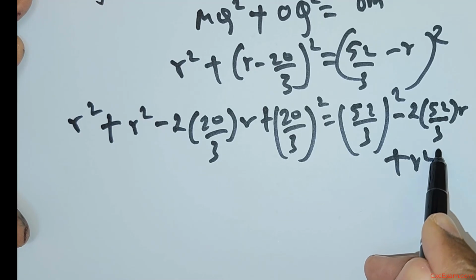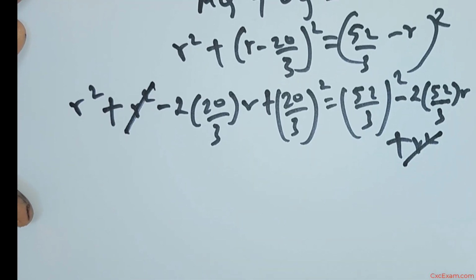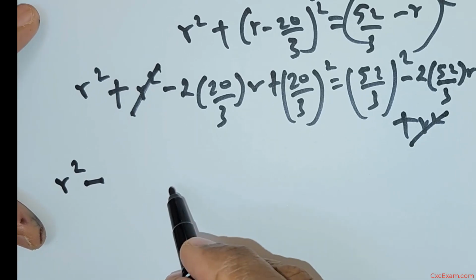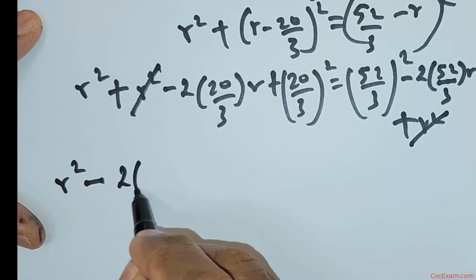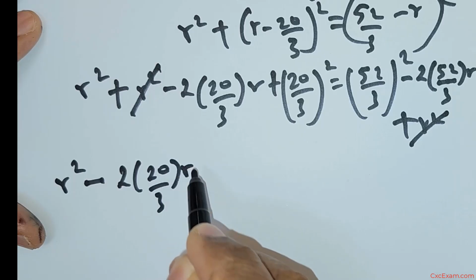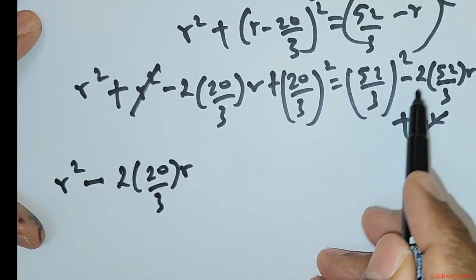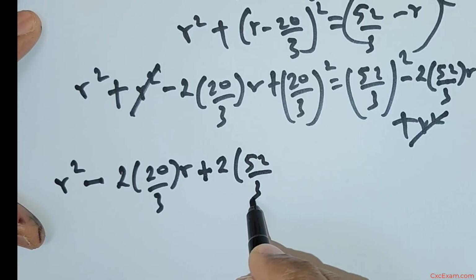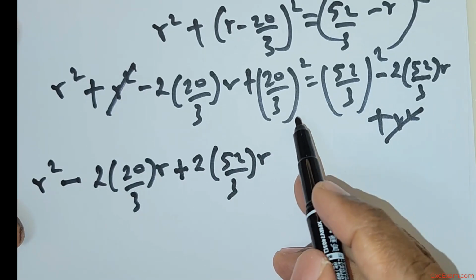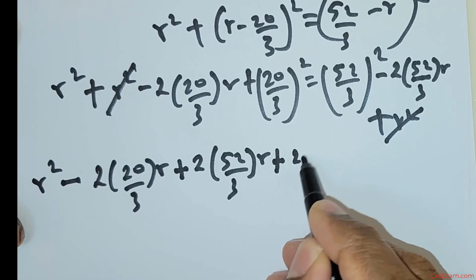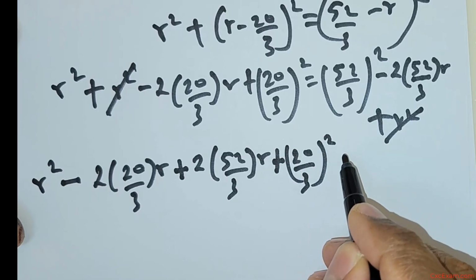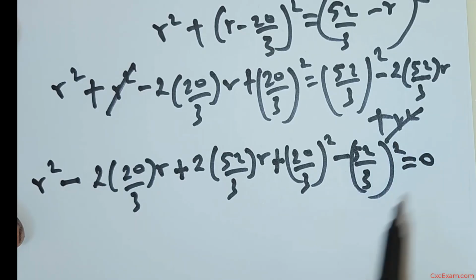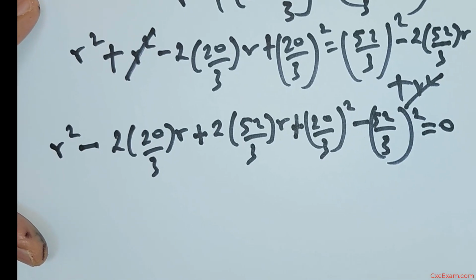So clearly R squared and R squared gets cancelled, and we have R squared negative 2 times 20 over 3 times R. I'm going to push this to the other end. So 2 times 52 over 3 of R and plus 20 over 3 the whole squared negative 52 over 3 the whole squared is equal to 0. Okay, so this is what we have got.